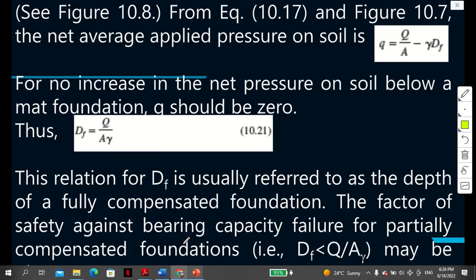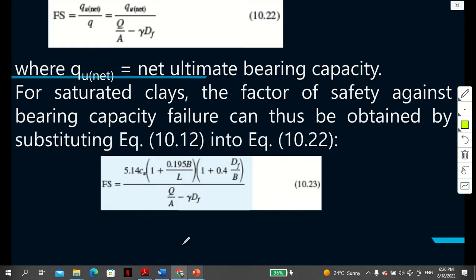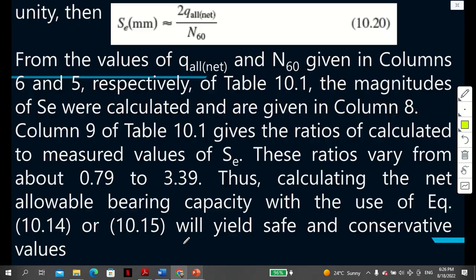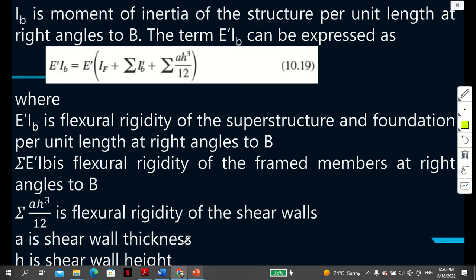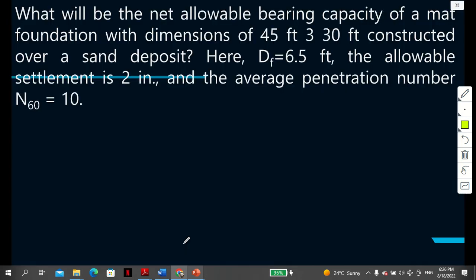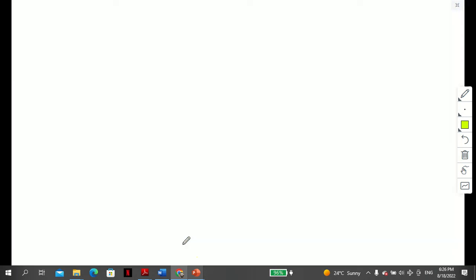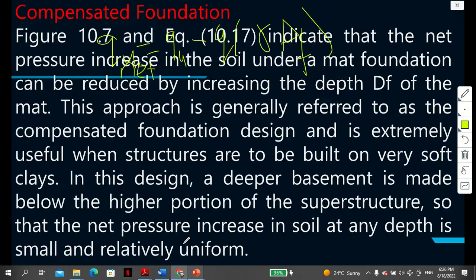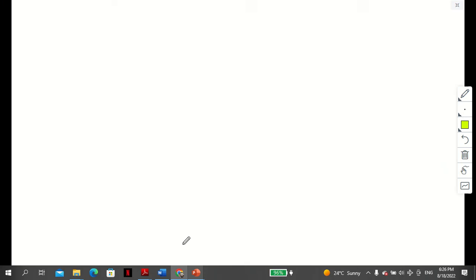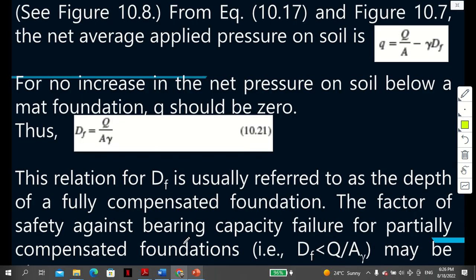So if we see figure 10.8, that's a figure, and then equation 10.17. Yeah, that equation. Then the net average pressure on the soil is that.